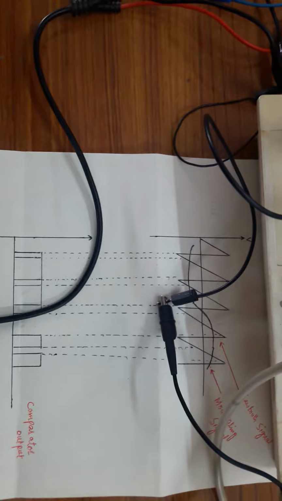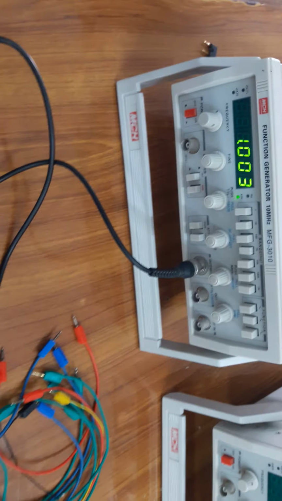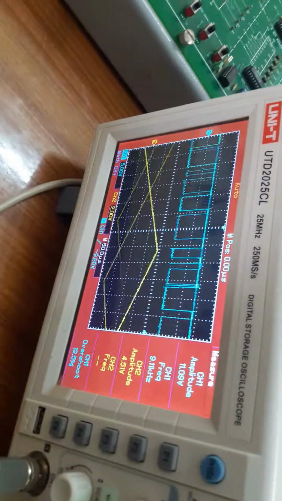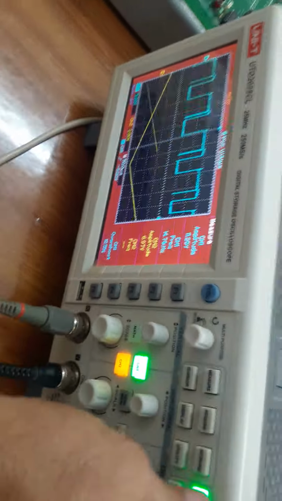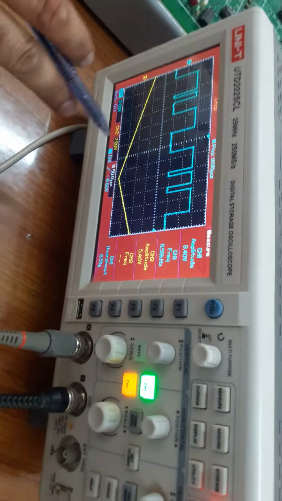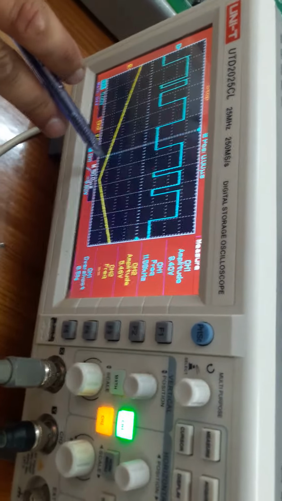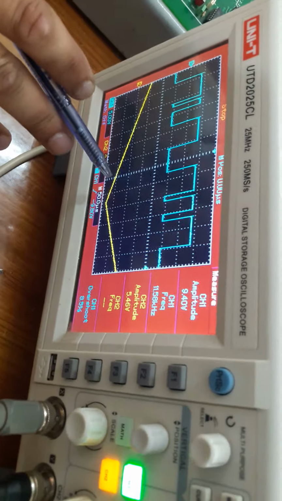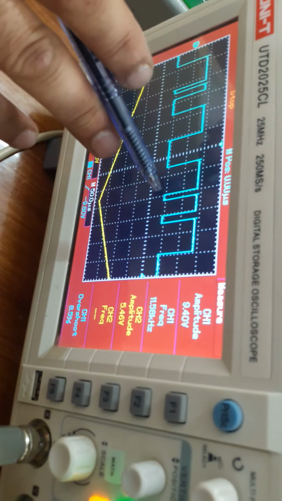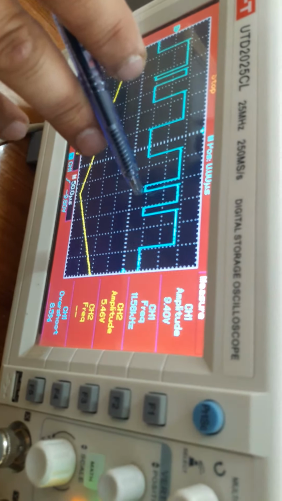So here we are using an input signal which is also analog, and the output side, here you can see on the oscilloscope, the input side analog signal is a sawtooth wave, and the output side is the digital signal.